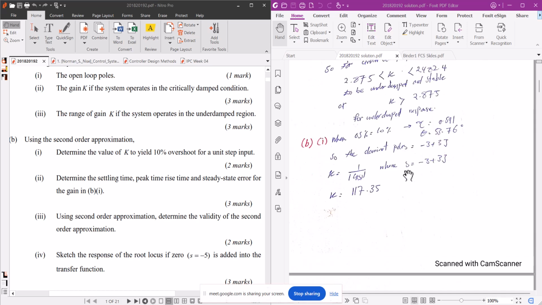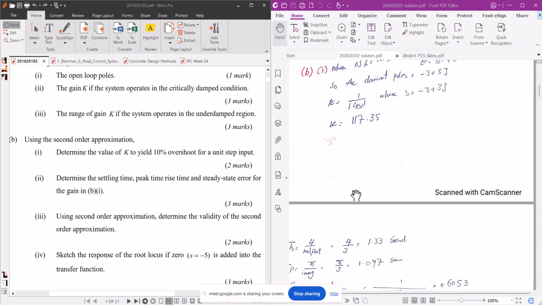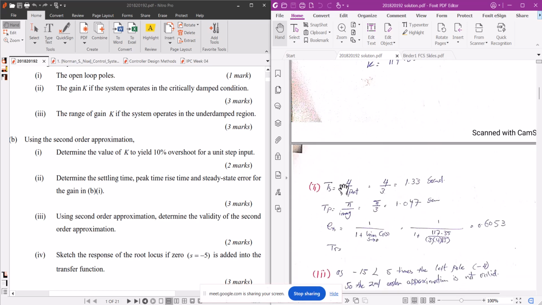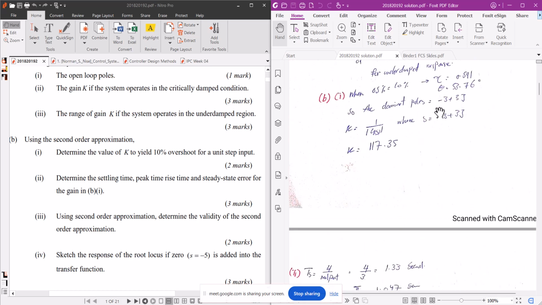So determine the settling time. These are the poles, minus 3 plus or minus 3j, at which you will get 10% overshoot. Your settling time will be 4 over the real part, that is 4 over zeta omega n, where zeta omega n is the real part, and omega d is equal to omega n under root 1 minus zeta square.